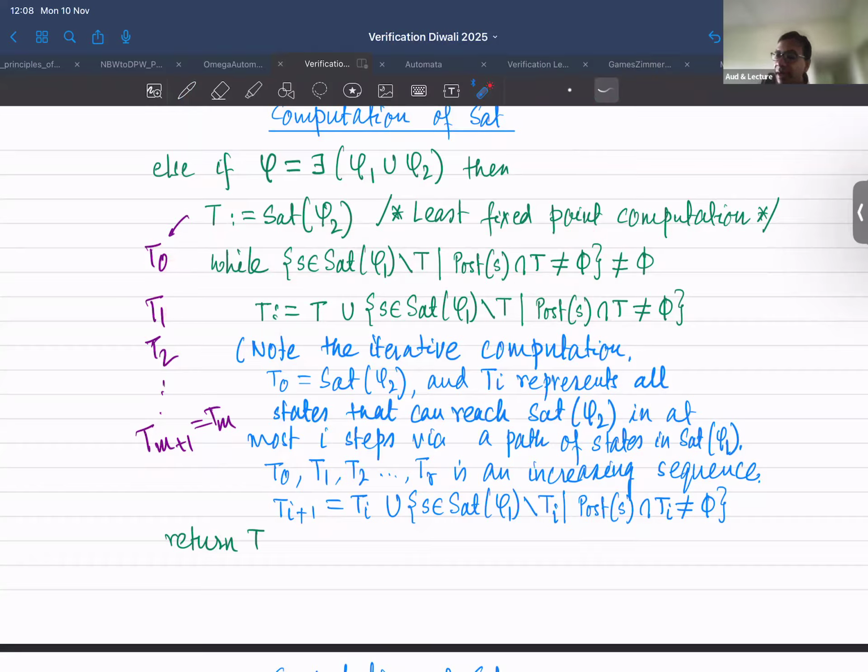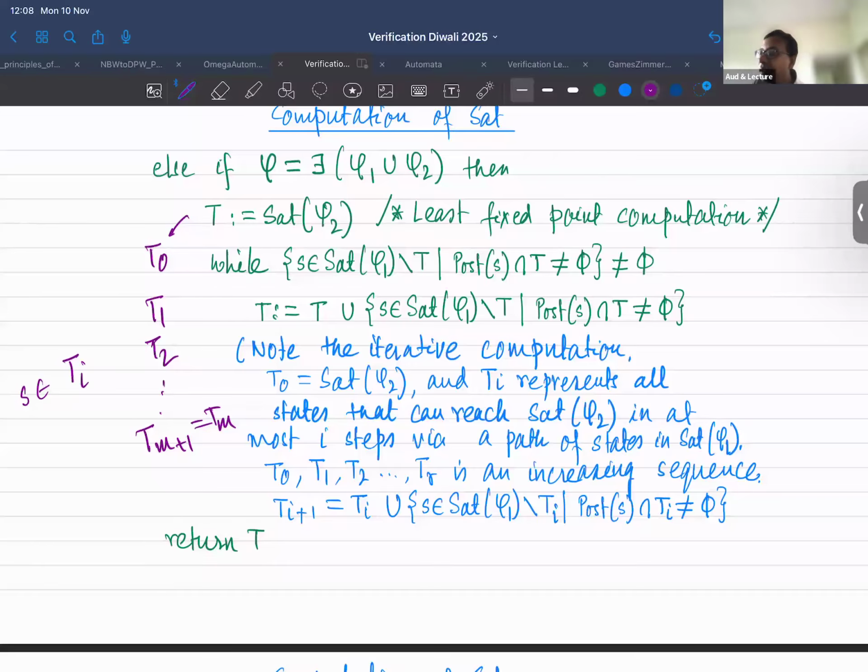Now these are my iteration numbers. So all it says is that if you have a Ti, and there is a state s which belongs to Ti, then in at most i steps you are going to see a state which will satisfy phi 2, while going through a path of states which will satisfy phi 1. Clear?